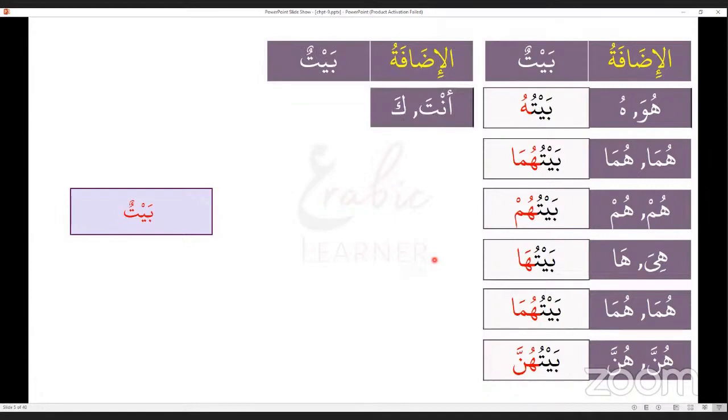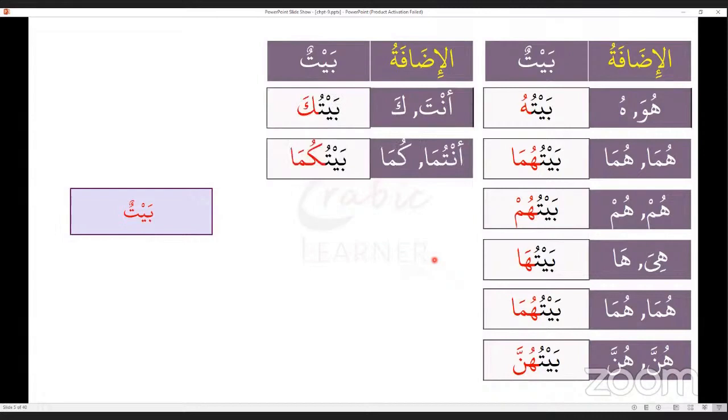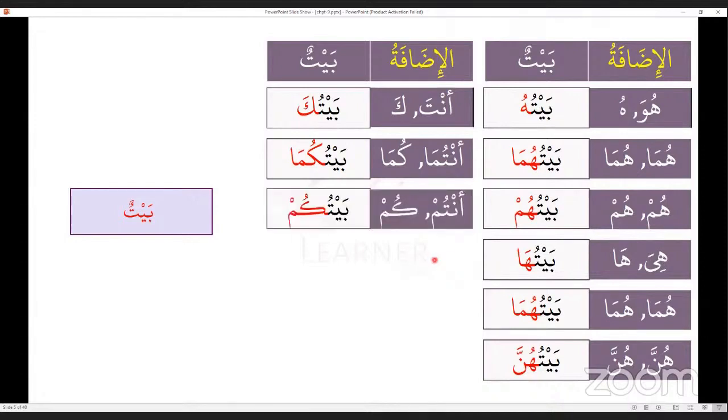Baituka. Your house. Baitukuma. Your house, but referring to two people, masculine. Baitukum. House for all of you. Baituki.